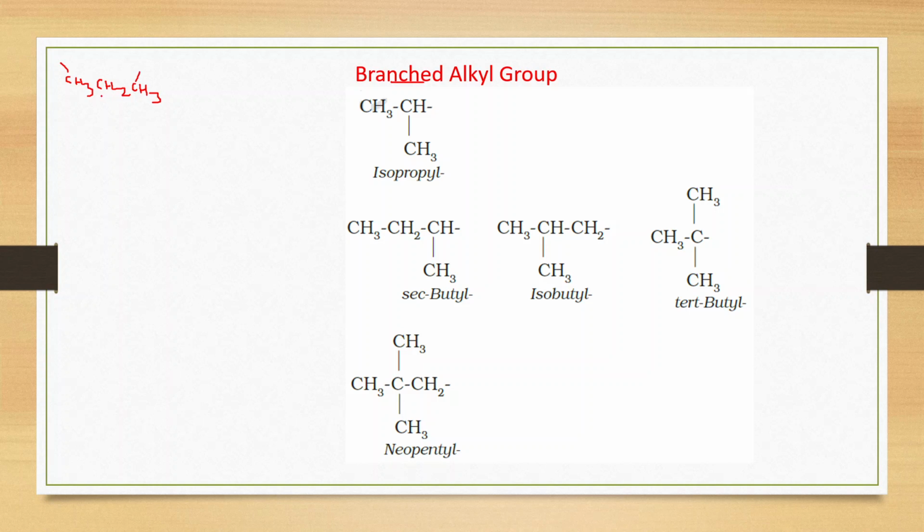But if a hydrogen atom from this middle carbon atom is removed, then we will get this: CH3, this is CH, and this dash represents the free valency of this carbon, and this is CH3. This can also be written like this, and its name is isopropyl.